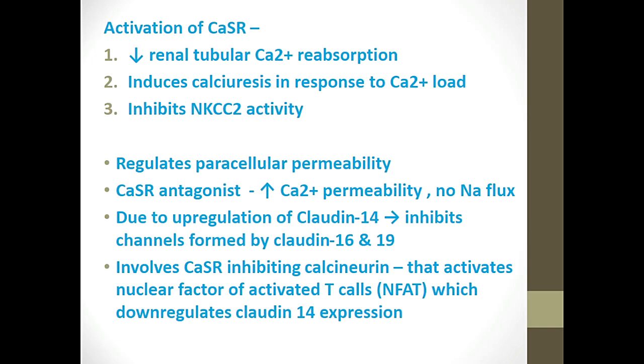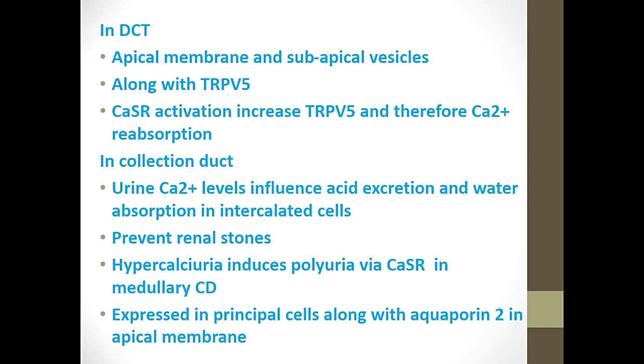Then in the distal convoluted tubule, that is DCT, after the loop of Henle, the next portion is the distal convoluted tubule. In that distal convoluted tubule, what is going to happen? We can see that. The apical membrane of the distal convoluted tubule and subapical vesicles are going to play an important role, along with TRPV5.